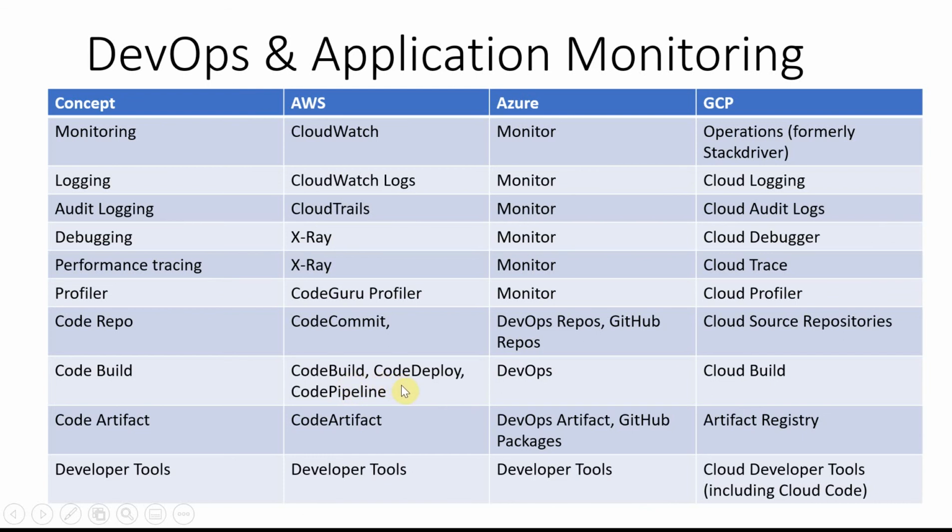It will do the compilation, generate the binaries, and then deploy it into the respective Azure components. Finally, the final deployable units, which are artifacts, the binaries, will be stored in the code artifacts. So that completes the code commit, code build, and then storing the artifacts.